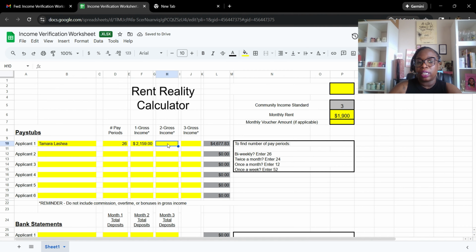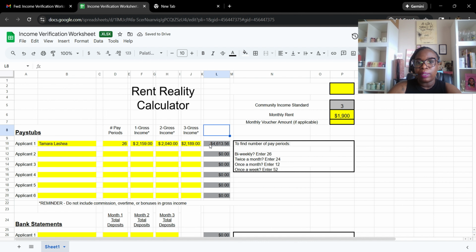On the next paycheck stub, it may be 2040. On the next paycheck stub, it may be 2,189.